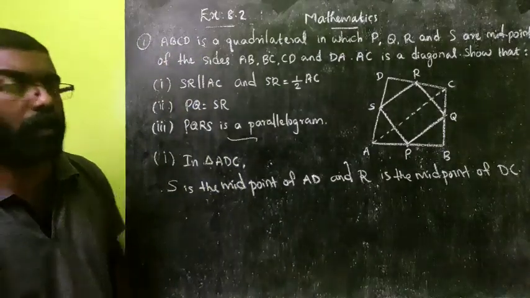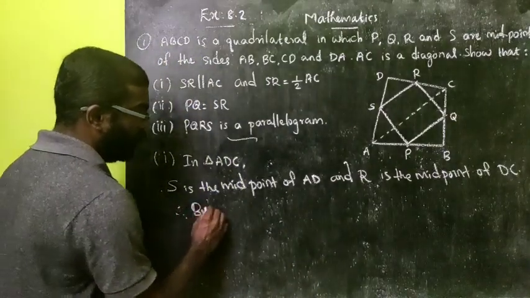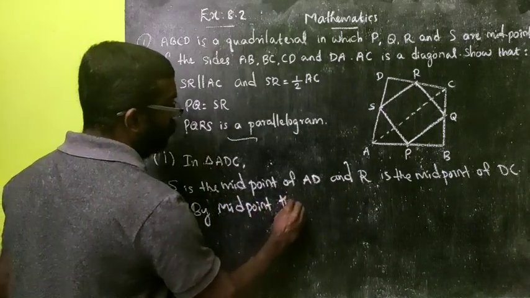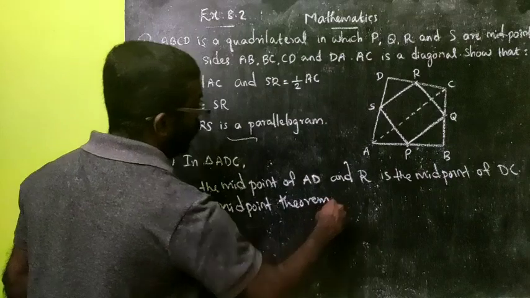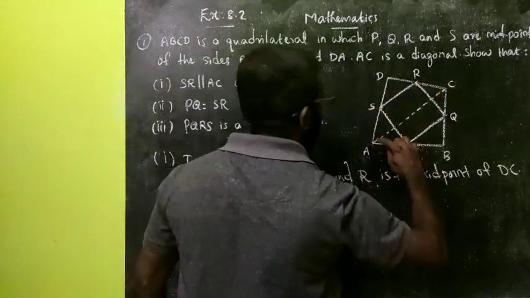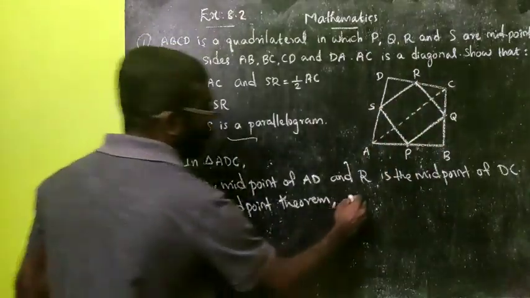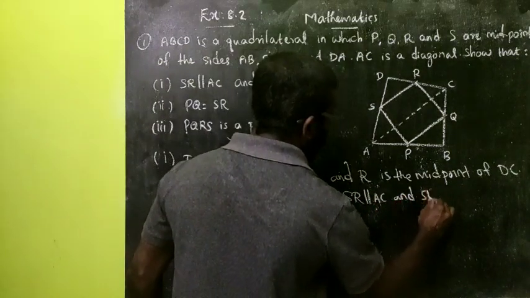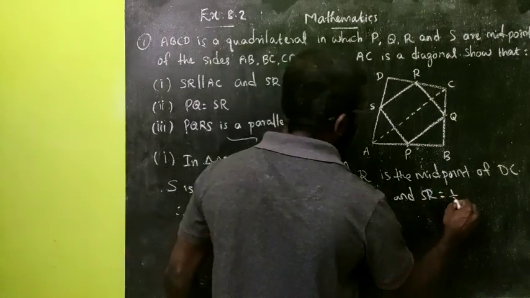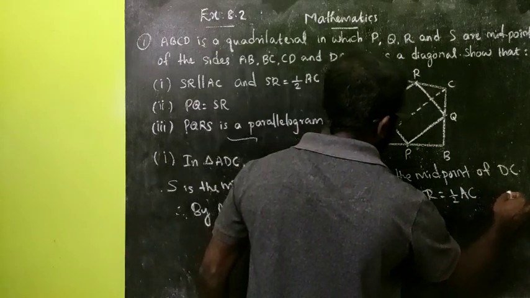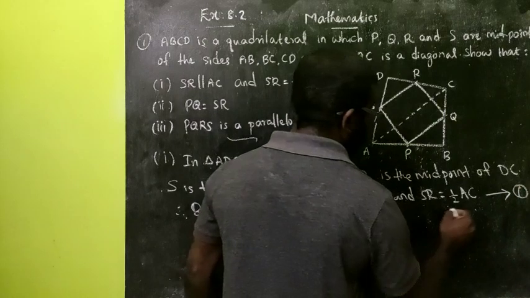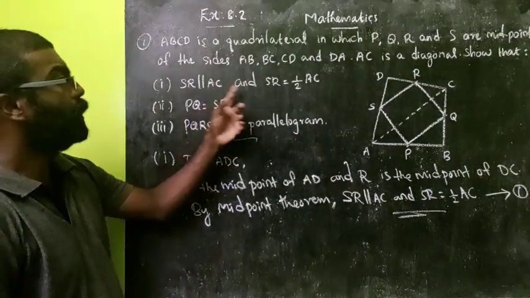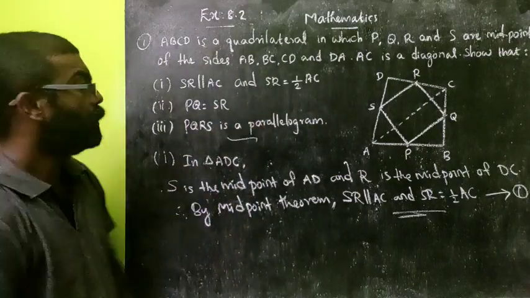Therefore, we can apply the midpoint theorem. Therefore, by the midpoint theorem, we can write SR is parallel to AC and SR equal to half AC. This can be taken as equation number 1. So the first part is over.